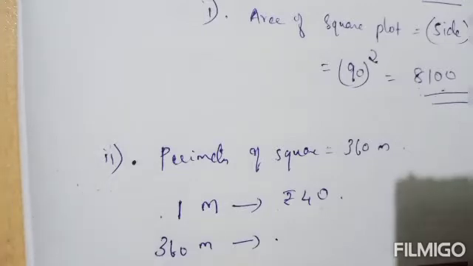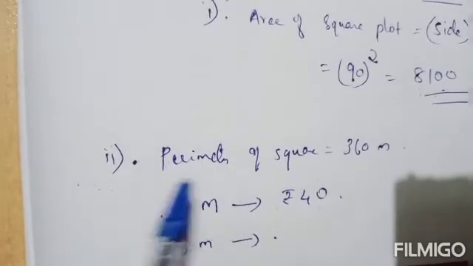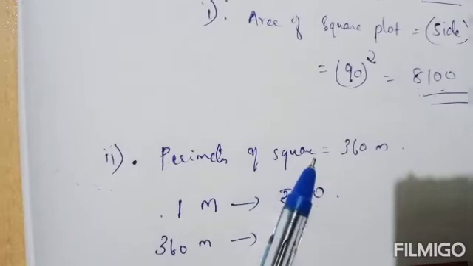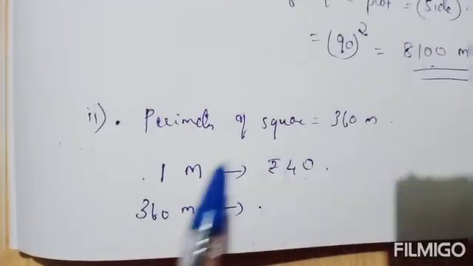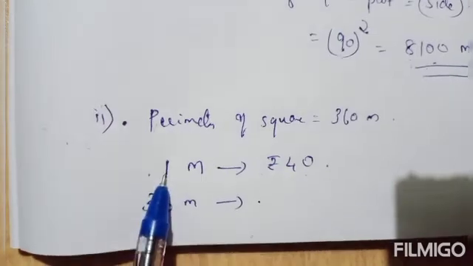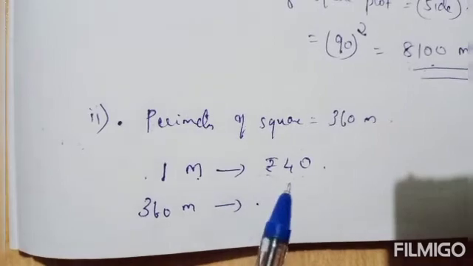So here you have to find the cost of fencing its boundary at the rate of rupees 40 per meter. What you need to know here is the perimeter of the square. Okay, the perimeter of the square is given in the question, 360 meter. Now the rate is given for 1 meter. For fencing 1 meter, it costs rupees 40.